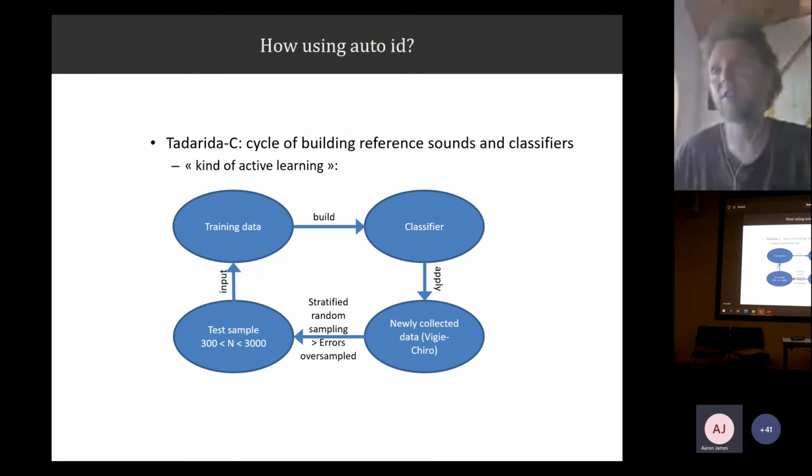Having a lot of data coming from a monitoring scheme makes you able to do a stratified random sampling of your data and oversample errors or quite atypical situations, so you maximize the diversity of your training data. Doing this each time in a loop, you will obtain a better fit, a better performance at least on your data set.